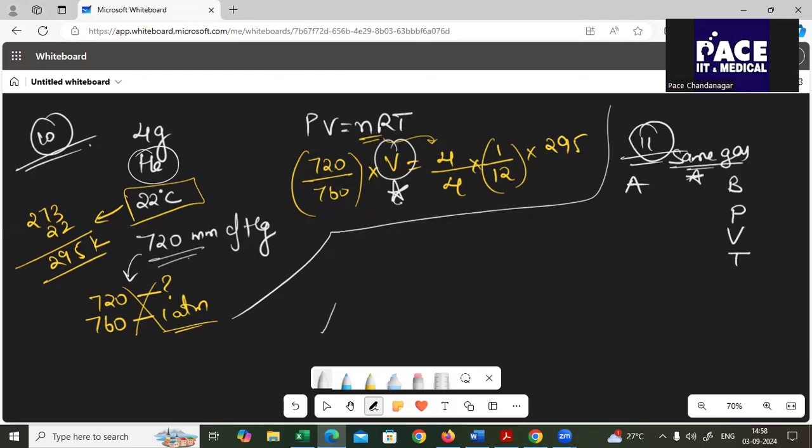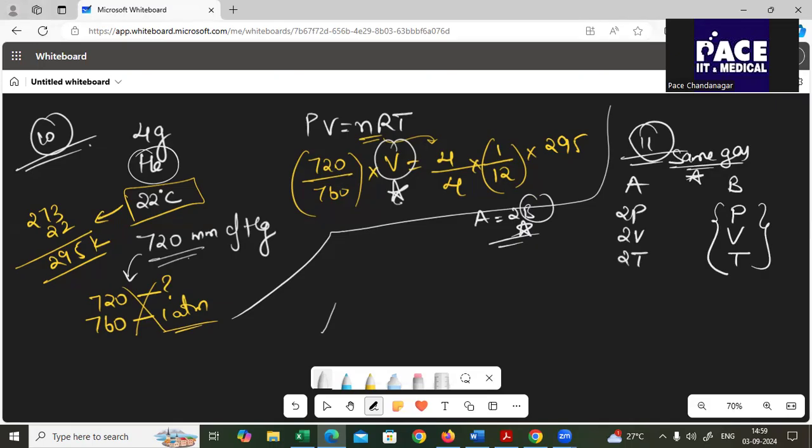If the pressure, volume and the absolute temperature of gas A is twice B, which means A is equal to 2 times B. So I'm taking B as P, V and T. So my A will be 2 times pressure, 2 times volume and 2 times temperature.